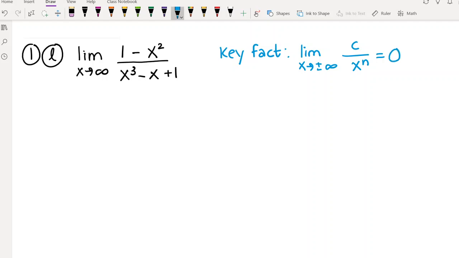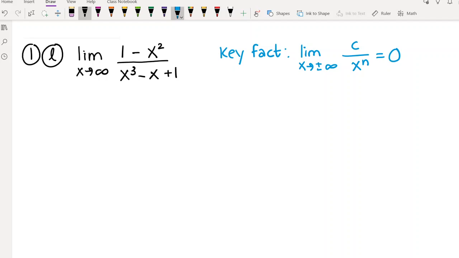And that's because you'll have a number like 5 divided by something like 1,000 or negative 1,000,000. You're going to get these tinier and tinier fractions, getting closer and closer to 0. So basically what we're going to do is go through this function and rewrite it in a way that we can make use of this fact.